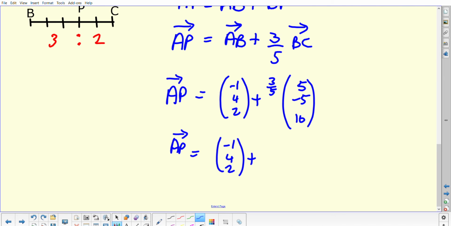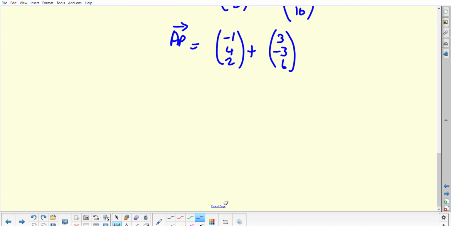So 3/5 of 5, 1/5 of 5 is 1 times by 3 is 3. 3/5 times -5, that's going to give us -3, and 3/5 times 10 will give us 6. And then if we add those two things together, we will find that we get 2, -1, 8, and that was what you were asked to show.